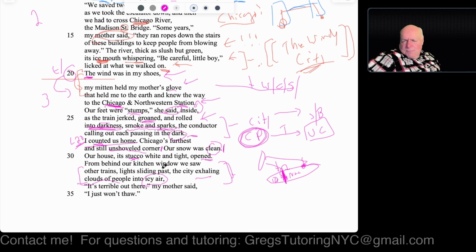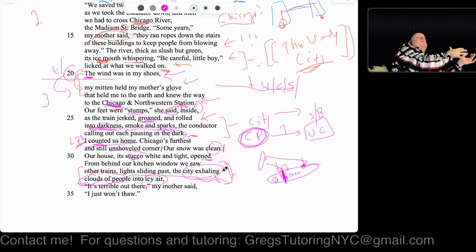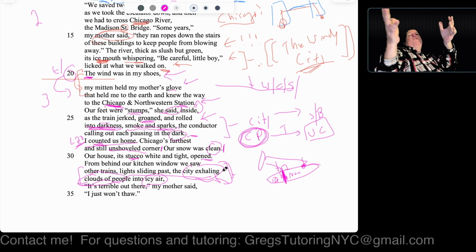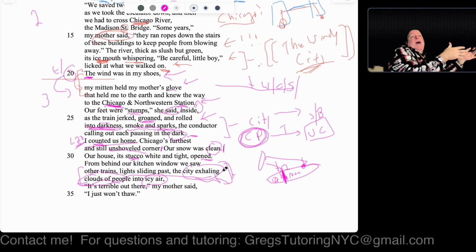All right. About this thing, the city exhaling people, clouds of people. What is going on there? Okay, to me, it seems that they left, they finally get home, right? But the office workers, all the people in the city proper, they still need to get home after work. So whereas they left at 3:30 and got home at 5:30 or something, these people are maybe leaving at 5, 6, 7 and getting home later.